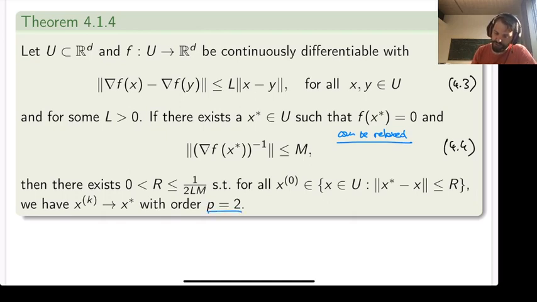So under these two conditions on the Jacobian, there exists a radius r strictly bigger than 0 and less than 1 over 2LM, such that for all initial starting guesses x⁰ in U and not further away from x star than r, we have convergence to the root with order p equals 2. So we have quadratic convergence of Newton's method to the root in the ball of radius r. I'm not proving this.